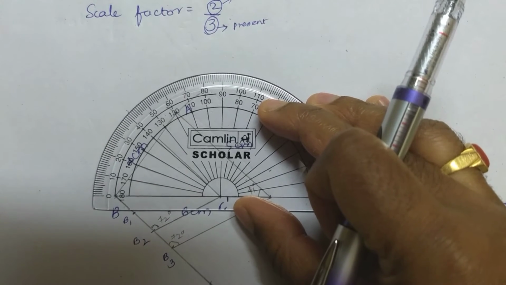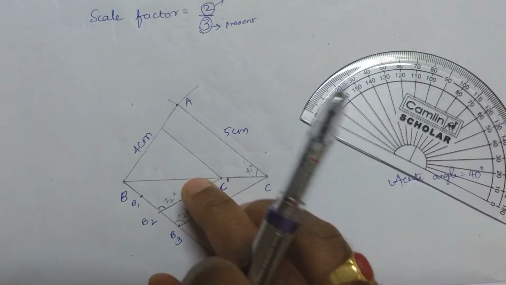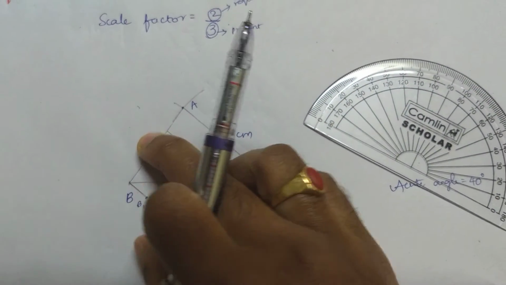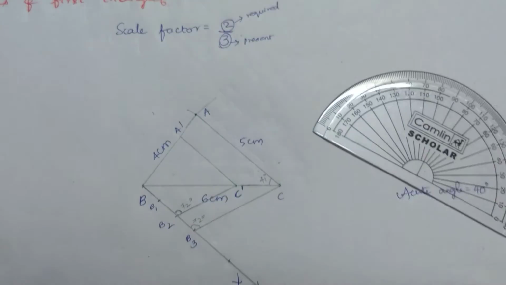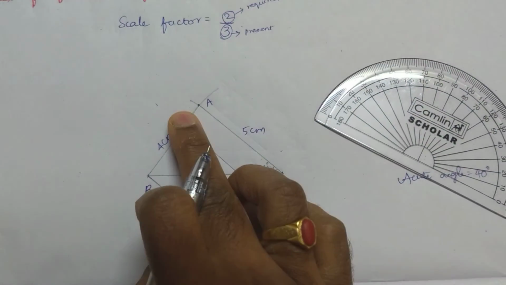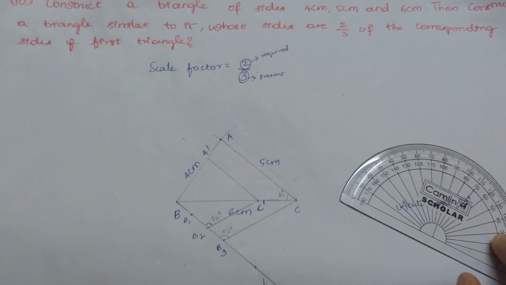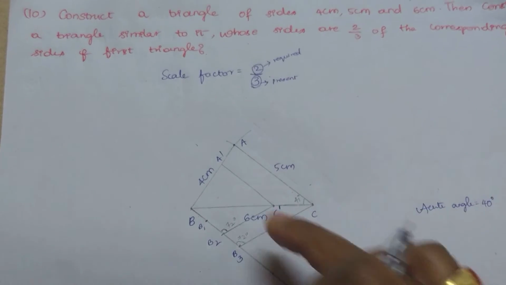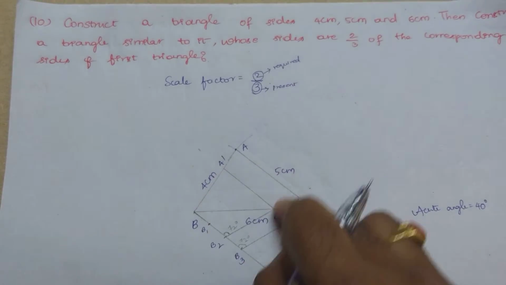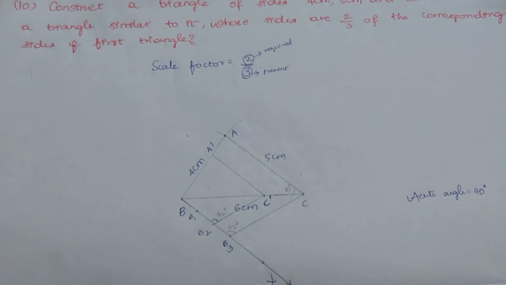See, it's 41. From here, I have drawn a line from C dash such that this line meets AB at A dash. So now A dash, B, C dash is the required triangle that we have to find out at last. So the required triangle is drawn, which is 2/3 of the corresponding sides of the first triangle.